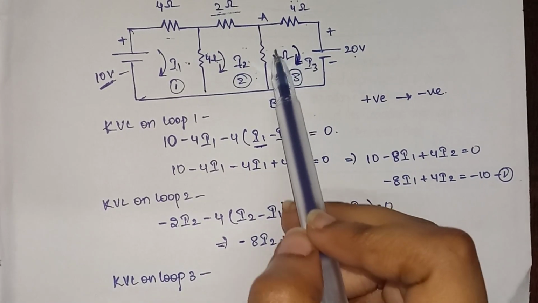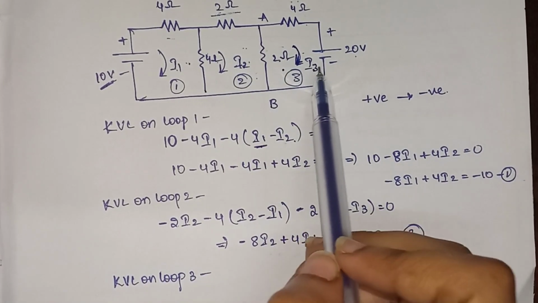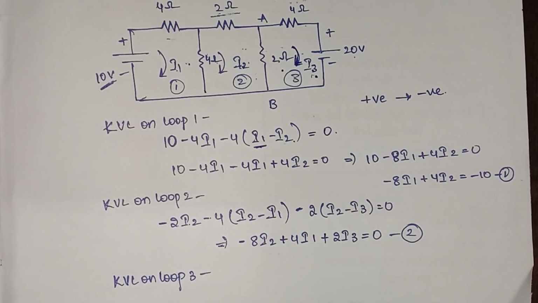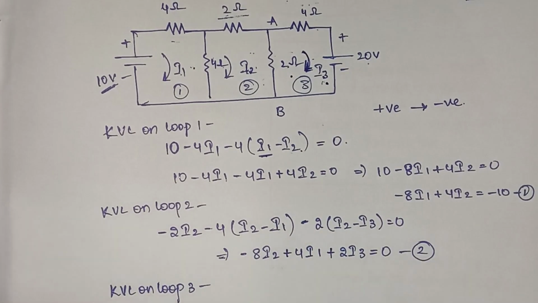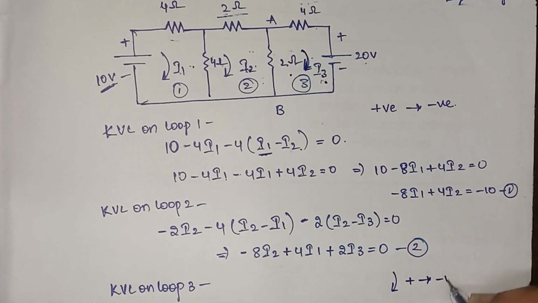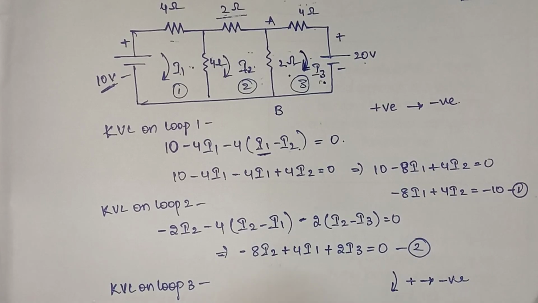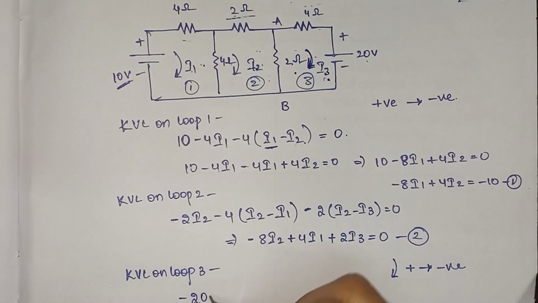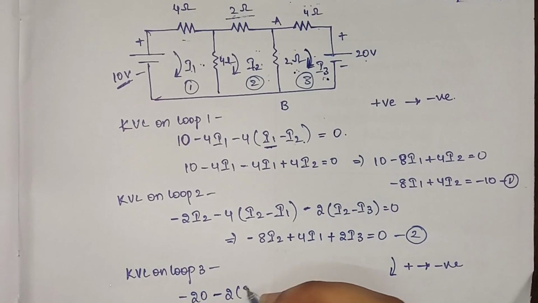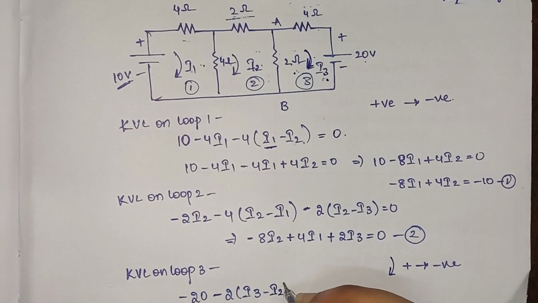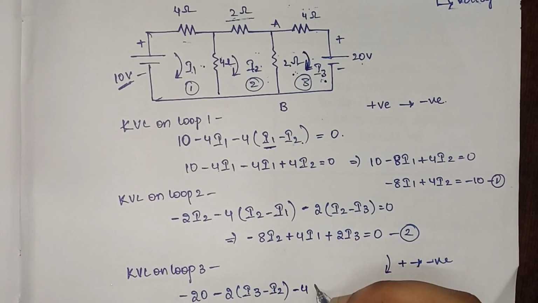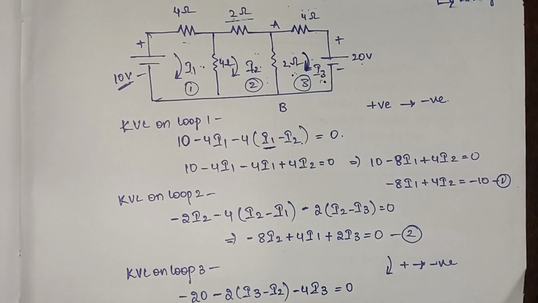In this case 2 ohms is shared by I2 and I3, but since we are doing it for loop 3, we will consider it as 2 into (I3 minus I2). And as the current is flowing in this direction, that is positive to negative, we will consider it as negative only. So minus 20, and then minus 2 into (I3 minus I2), and then we have 4 ohms of resistance on loop 3. So minus 4I3 is equal to 0.